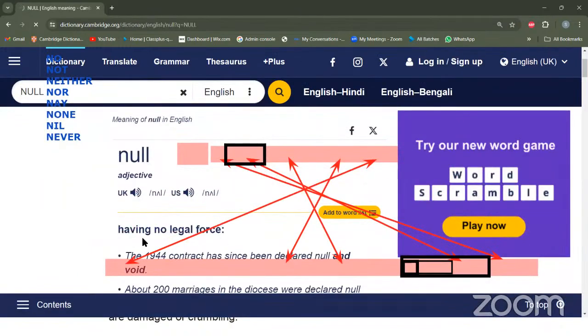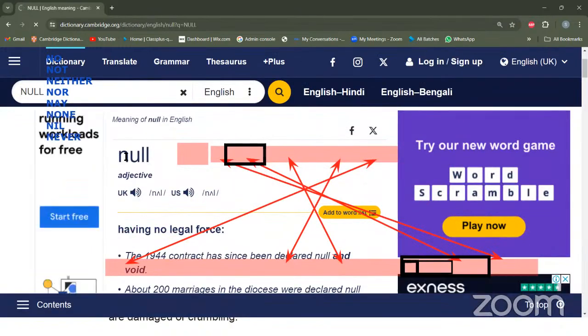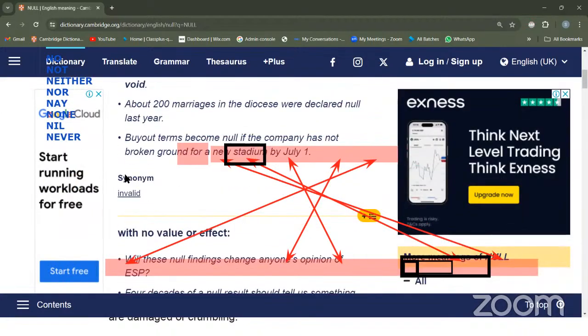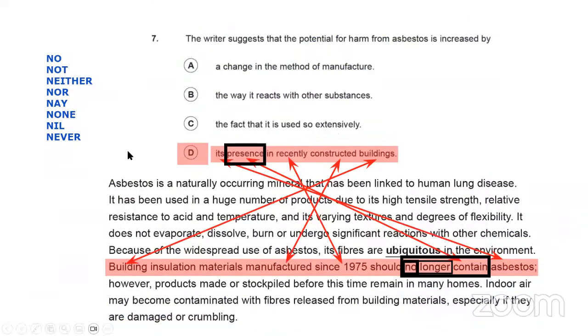Null means having no legal force, null and void. Null means zero, no value, no. So null is right. I was just doubtful, but it is clarified. So another word is null.